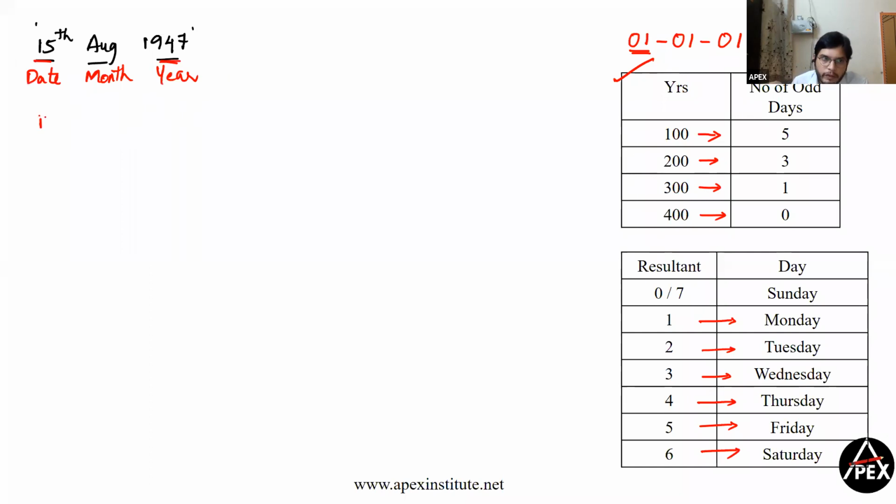The first thing I will do is consider the year first. 1947. From 1947 I will subtract 1. This is the most important step, please don't forget this. So 1946. Now I will split this 1946 into 2 parts: 1900 and 46.